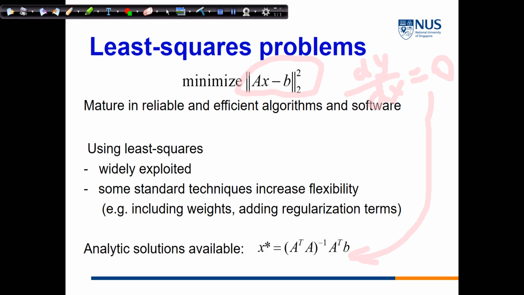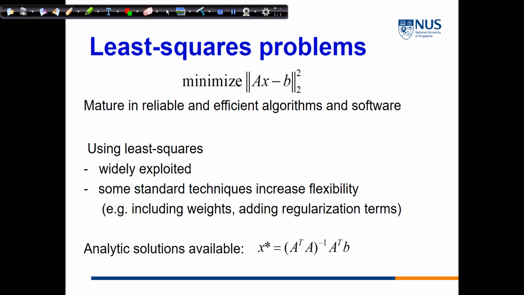Standard techniques can increase the flexibility of the least square problem. If you have different weights on the series of points, you can emphasize certain points more, or you can add different regularization terms to pre-process your data. We will talk more about this later.